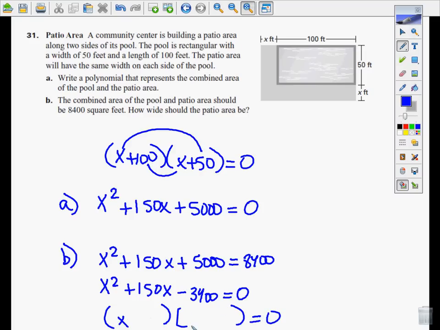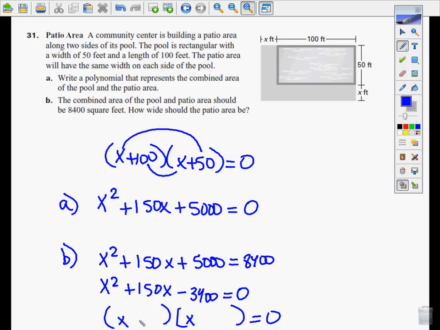And now I'm going to work on factoring this bad boy. I know I need an x and an x, and I'm really going to think about factors of 3,400 that will give me a 150. I think if I take 3,400 and divide it by 170, I get 20.